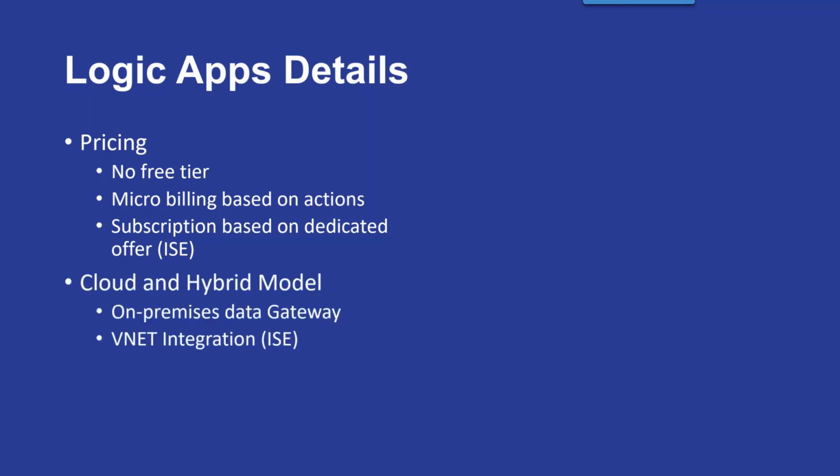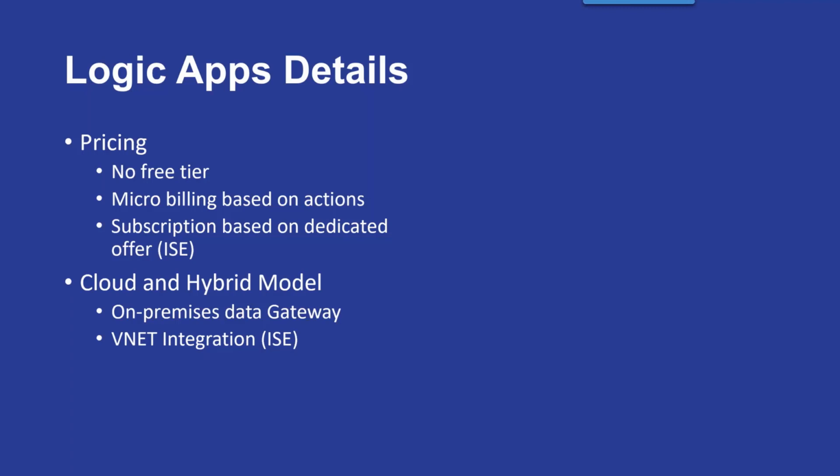It offers a cloud and a hybrid model. When you want to work with on-premises, you can connect to other systems using the on-premises data gateway. What the on-premises data gateway does for you is open a secure connection from on-prem into the cloud, and only allows the Logic Apps that have access to that on-premises data gateway pipe to communicate.